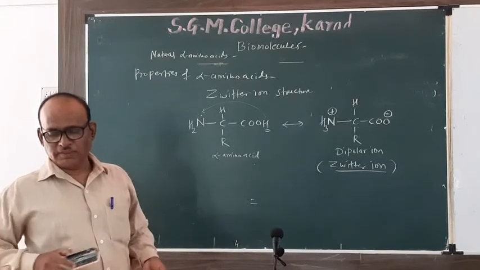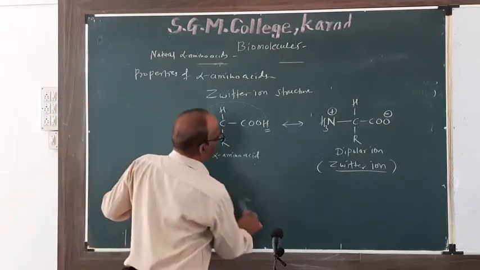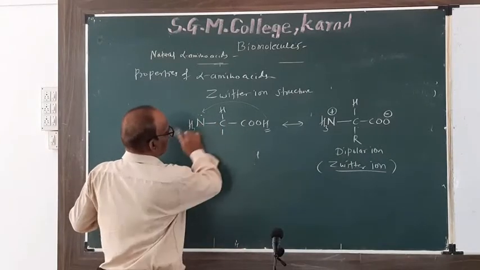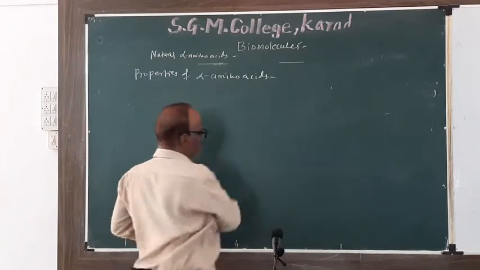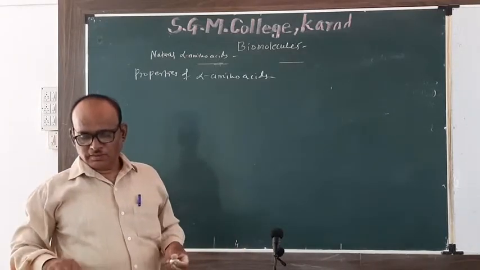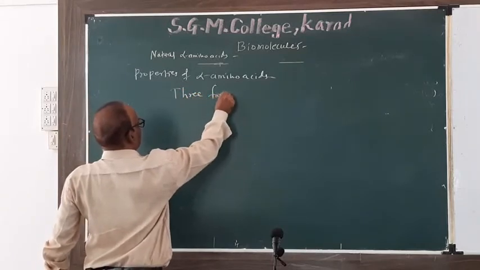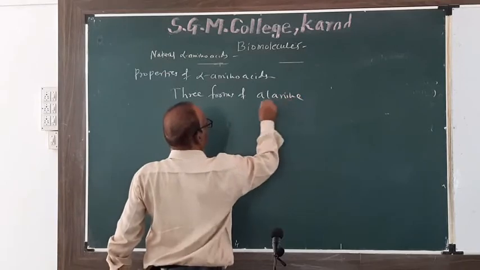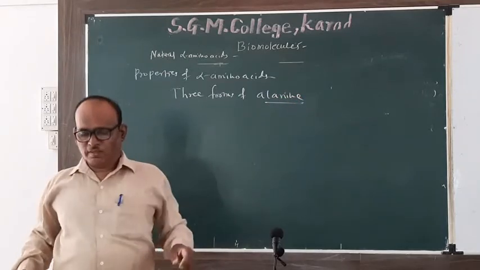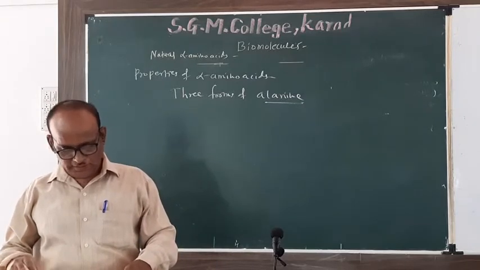Then we have to study the cation and anion of this Zwitter ion. We are taking the example of alanine, the three forms of alanine. In alanine, R is the CH3 group.